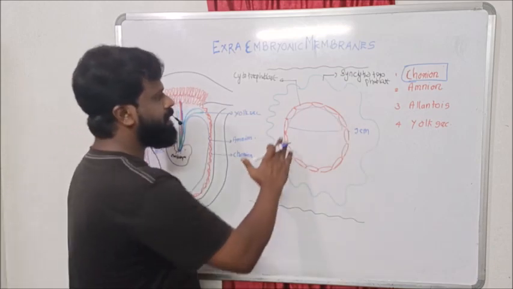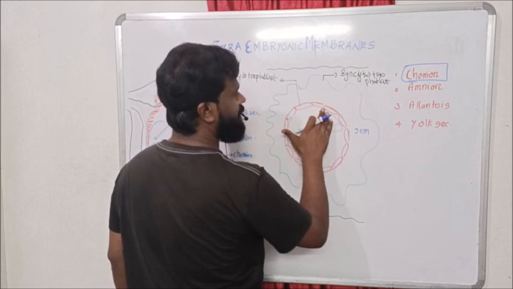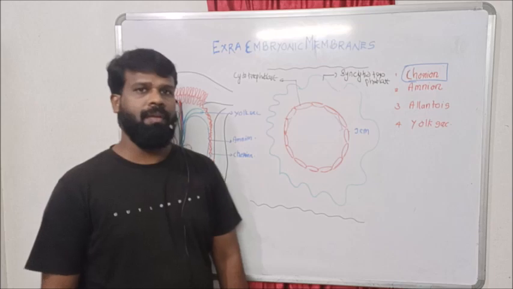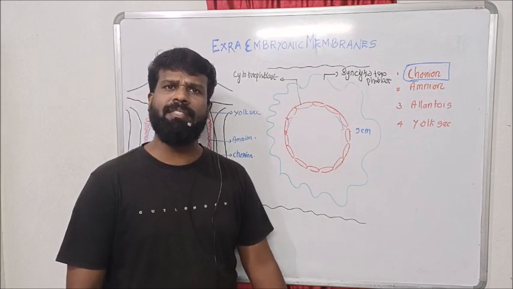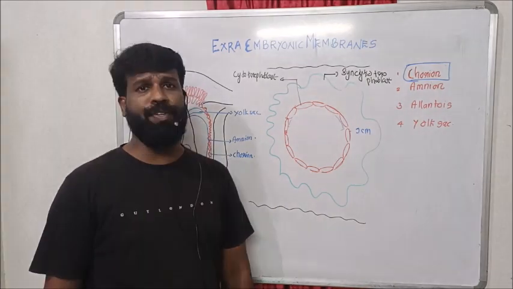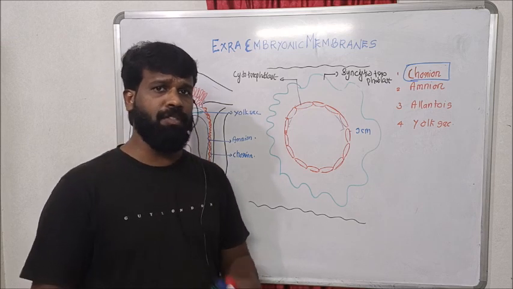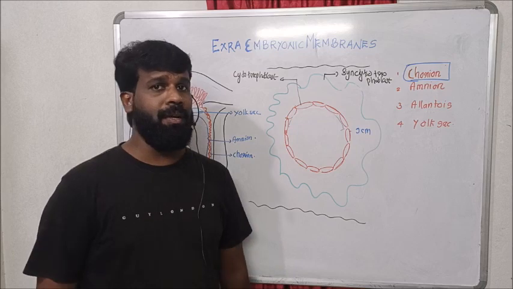See here, this forms the inner cell mass. A number of changes occur in the inner cell mass. I taught in my previous video about gastrulation. The cells of the inner cell mass undergo movement during gastrulation, which I already explained.